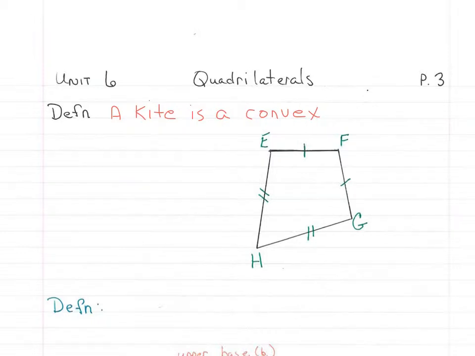A kite is a convex quadrilateral with two pair of consecutive congruent sides.